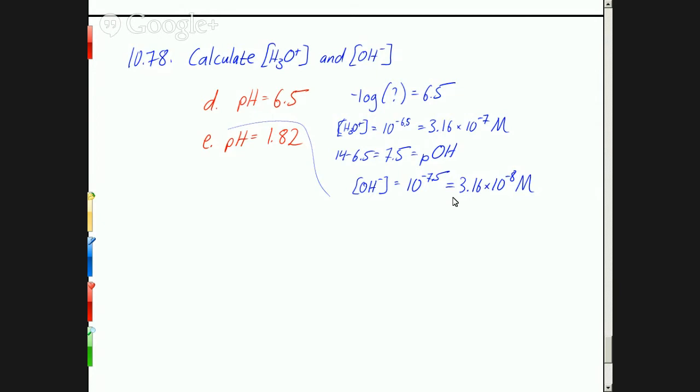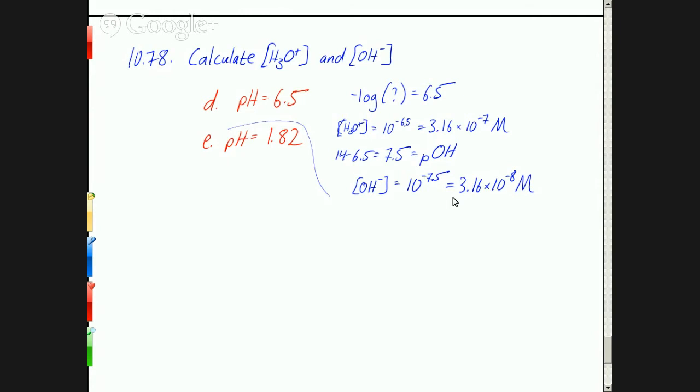So if I want to do the log stuff, I can say negative log of whatever these various ones are, 3.2 e negative 3. That would be 3.2 times 10 to the negative 3. And that's then my pH, 2.49.